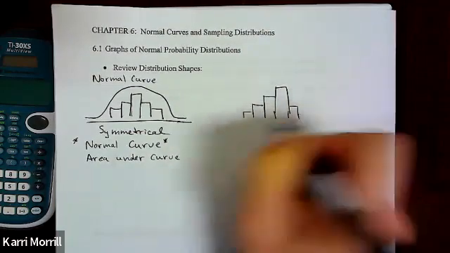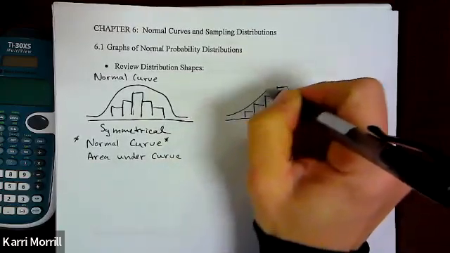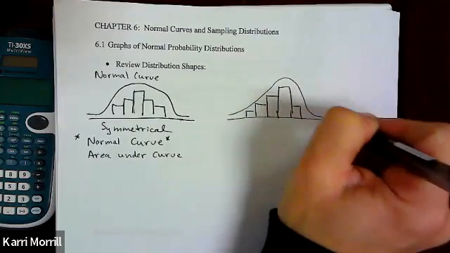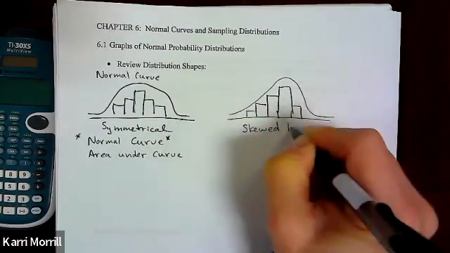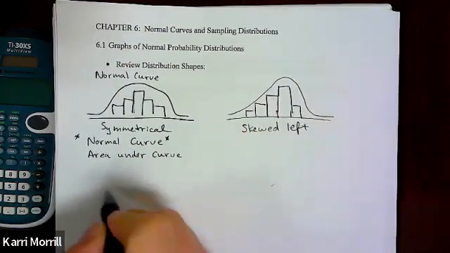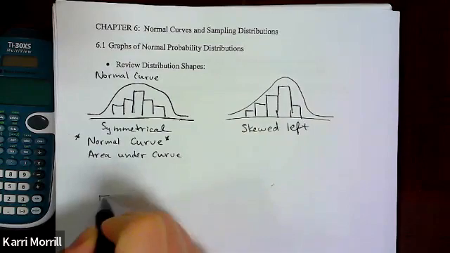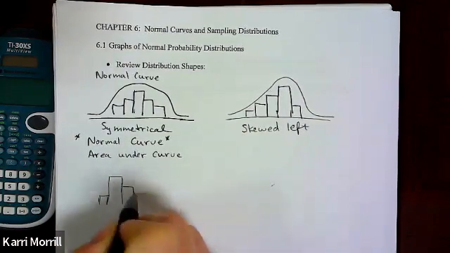Okay, so if we have something like this shape, remember the curve would look like this, which would be skewed left. Then we would also have the skewed right curve, which would look kind of like this.